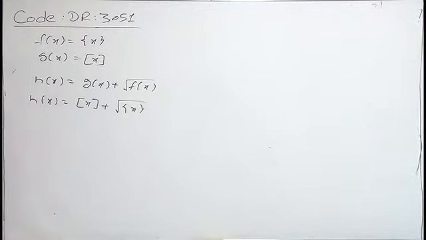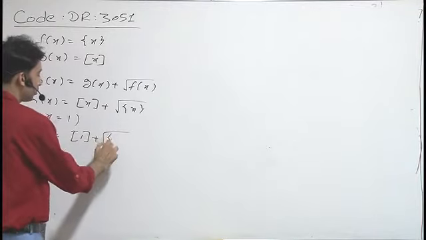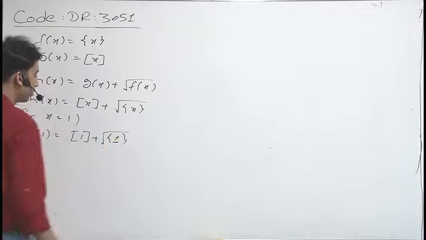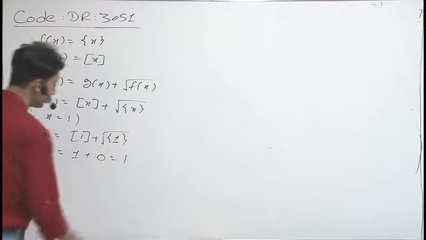So first of all we will check continuity of hx at x equal to 1 only. For x equal to 1, h1 equal to box of 1 plus under root fractional part of 1. It gives us 1 plus 0, which means equal to 1.